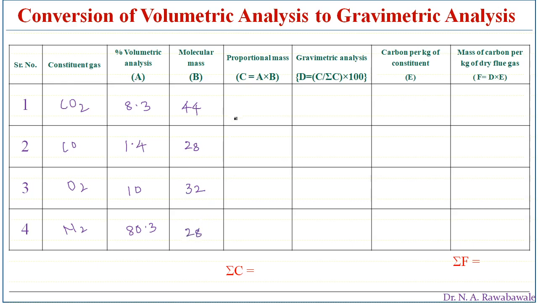The product of these two: 44 into 8.3 is 365.2.